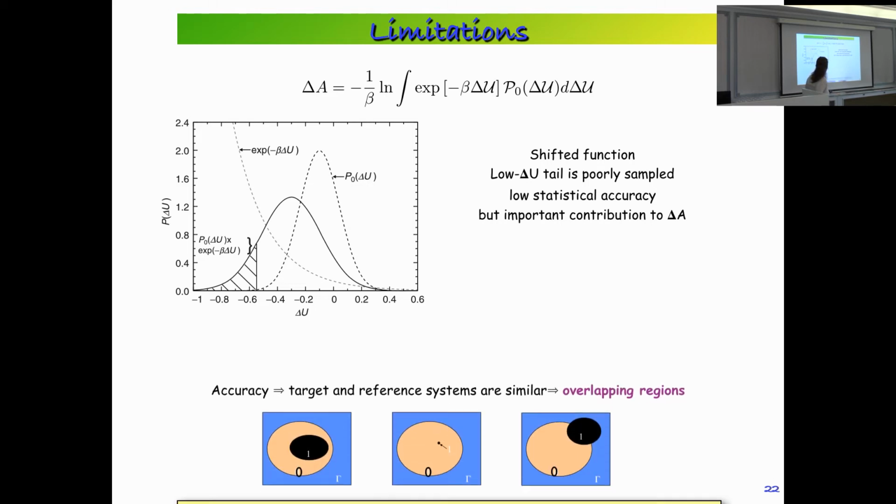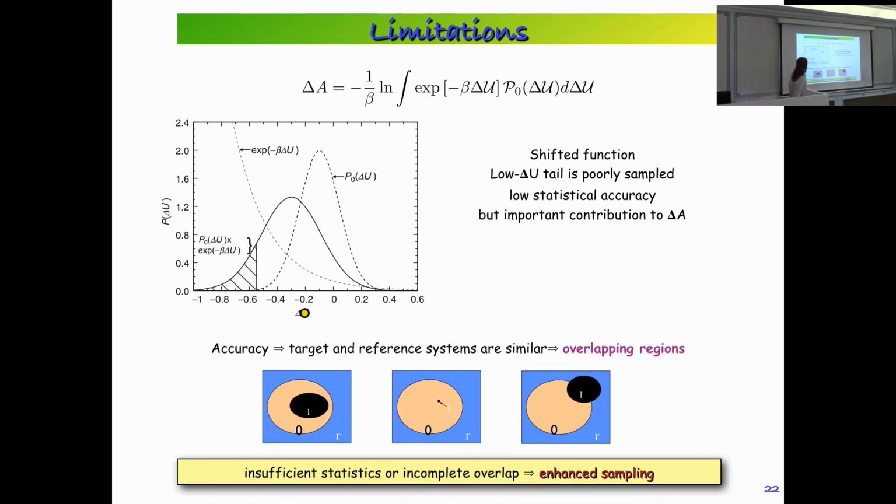So a situation like this, where there is a strong overlap within the important regions of the two ensembles, is a good situation where you can use this method.